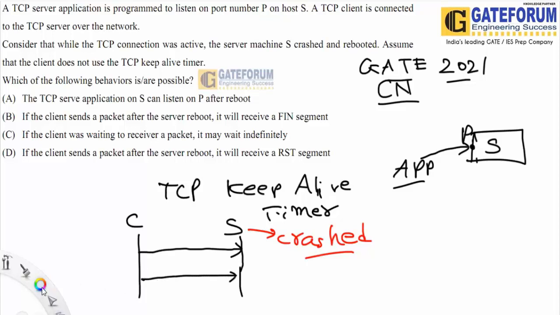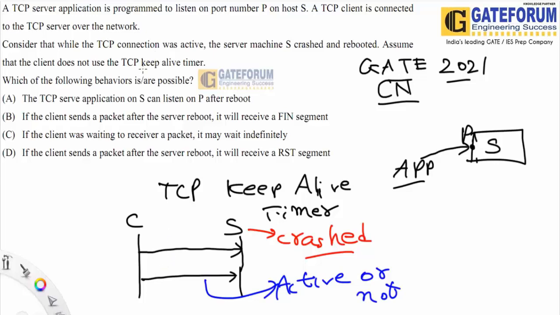This will send a dummy message to the server. If the server does not reply to these messages, it means that the server is not active and the client loses the connection. A very simple funda of TCP keep alive timer.